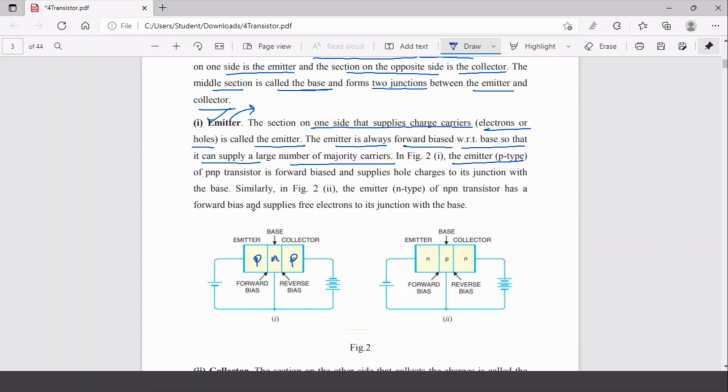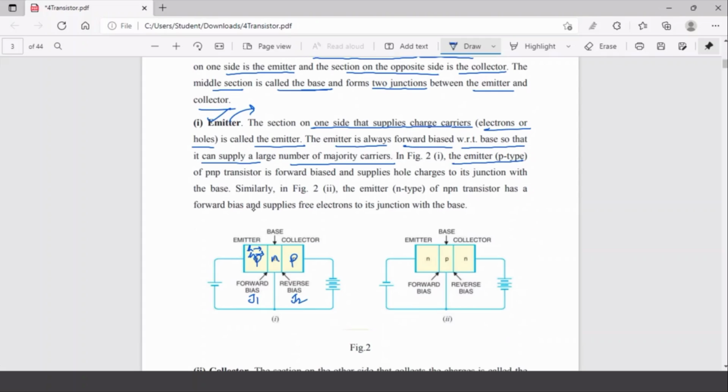So what is this emitter releasing? It is releasing holes to the junction here. We said that the emitter base region should be forward bias. This junction J1 should be forward bias. Similarly, junction J2 should be reverse bias.